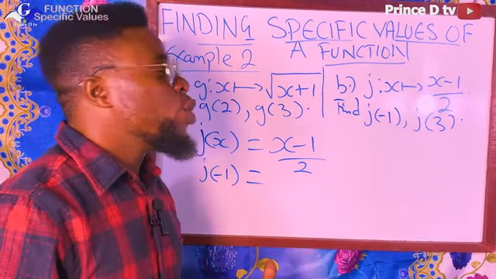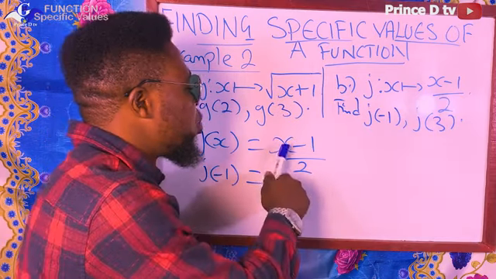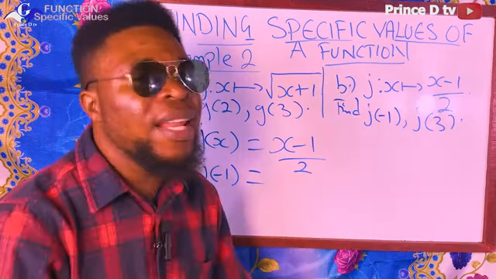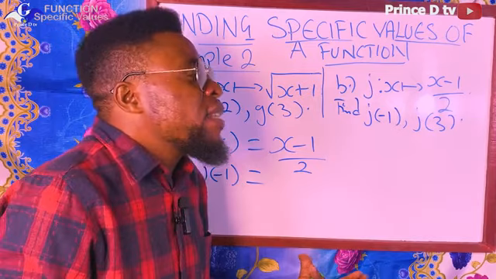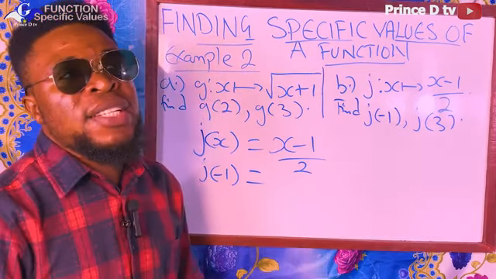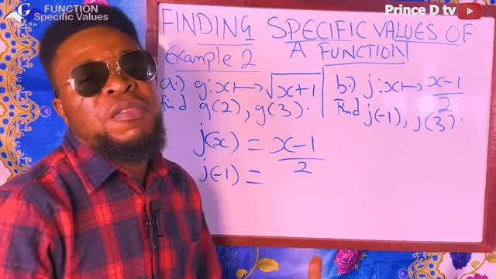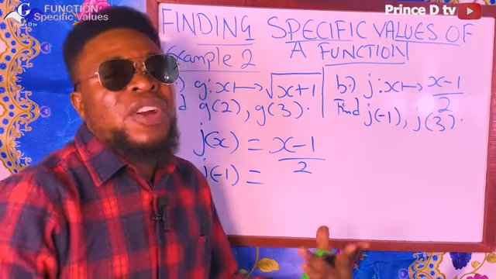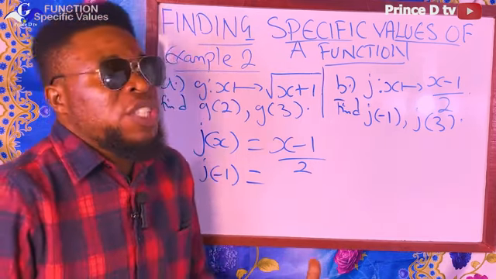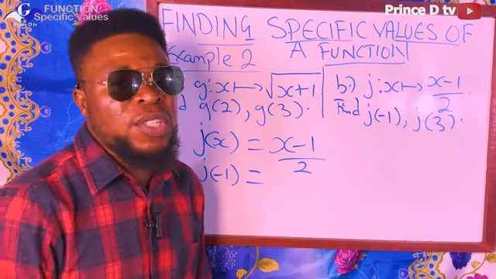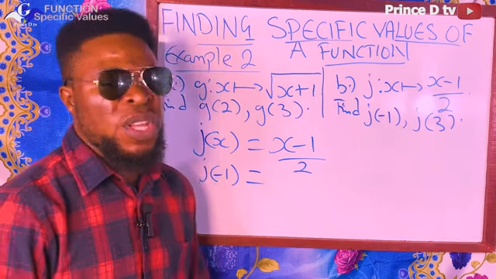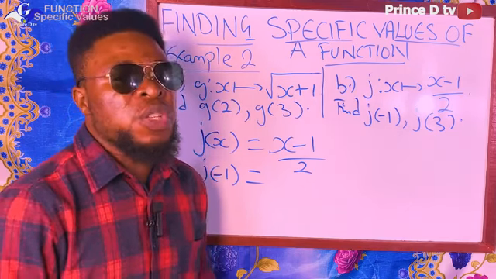Not in every case will they always use x. They can change the letters. Like I always tell you, x is just a more convenient letter, an arbitrary symbol which does not have a specific meaning on its own. So simple to use, very easy to recall and to master.